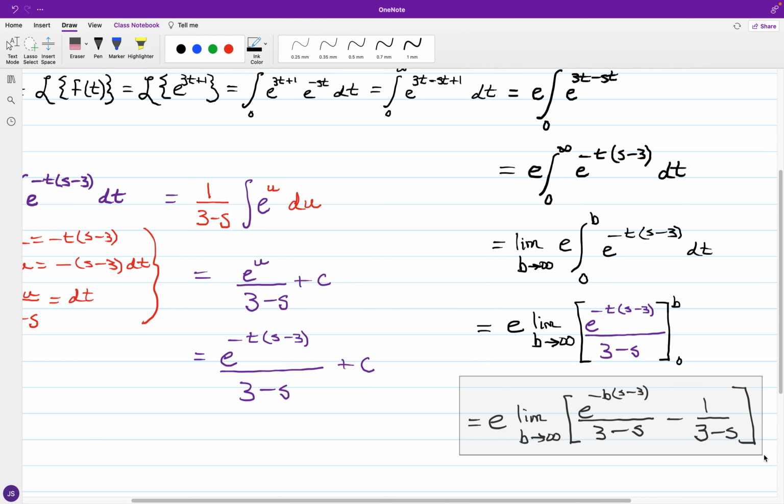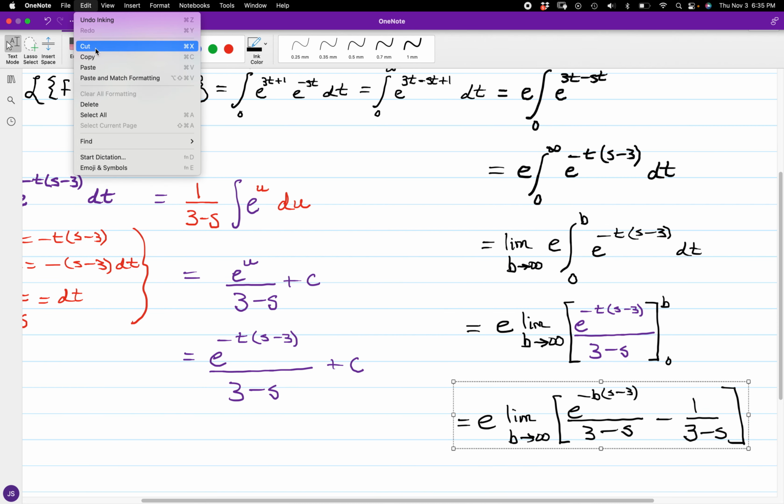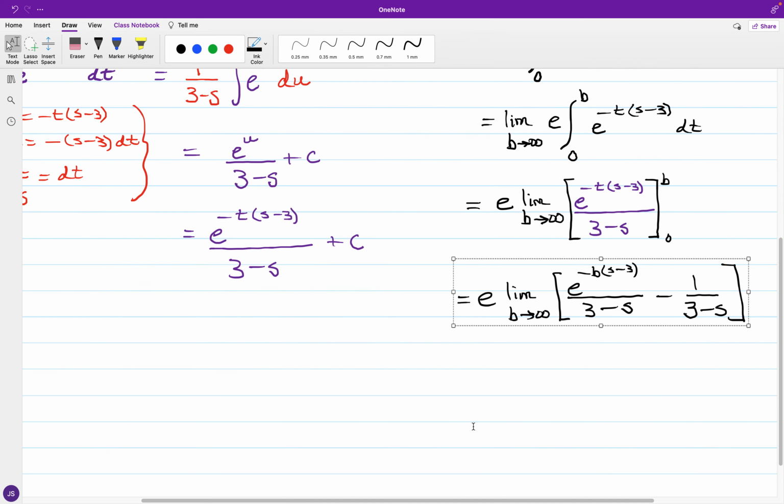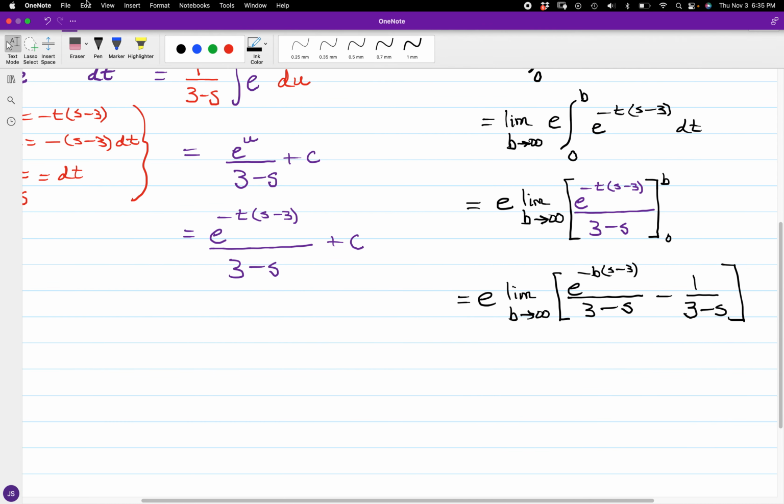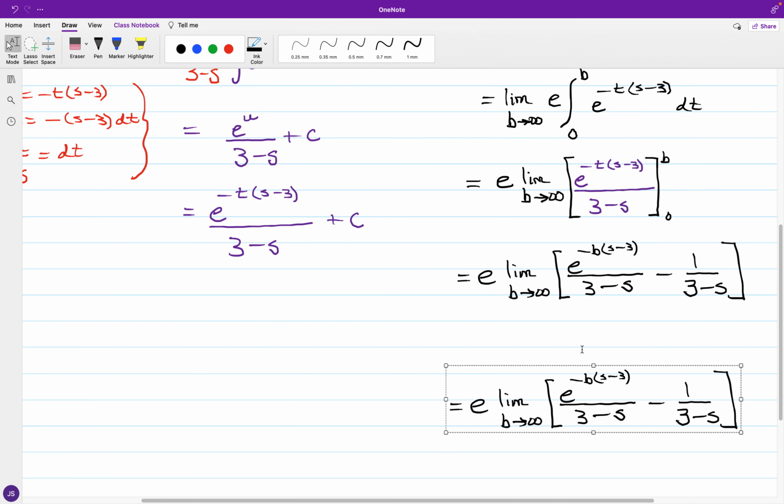Working with our concept of infinity, as b tends to infinity, we have e to the negative b. In this case, e to the negative infinity is essentially like the reciprocal of infinity, and that is going to tend to 0. So this term approaches 0, and we have minus 1 over 3 minus s.